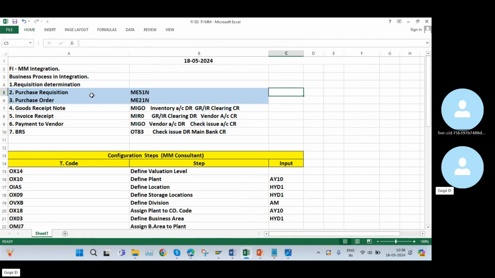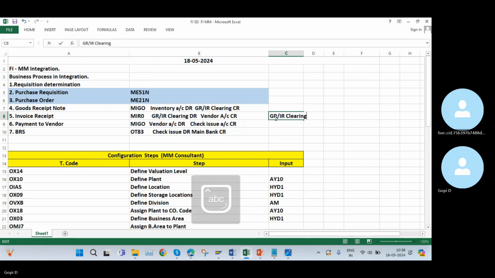Because these two are completely taken care of by the consultants and there is no accounting part involved up to these two places. But from goods receipt onwards, the general entry point of view is triggered, and we get the general entry at the time of goods receipt: inventory account debit to GR/IR clearing account. And again, I explained GR/IR clearing account is just a provision account.